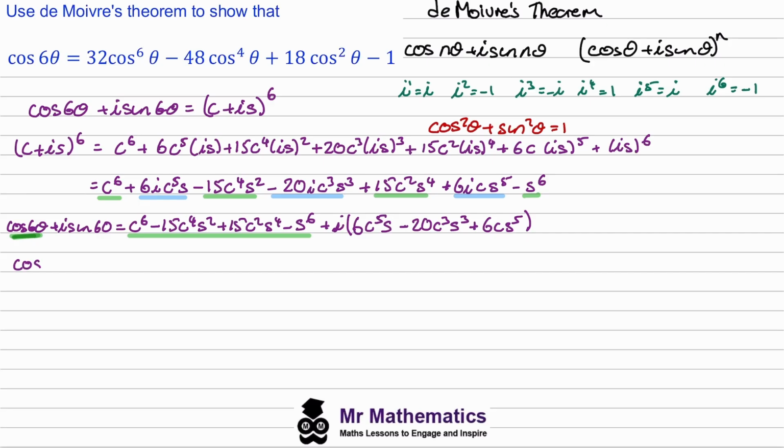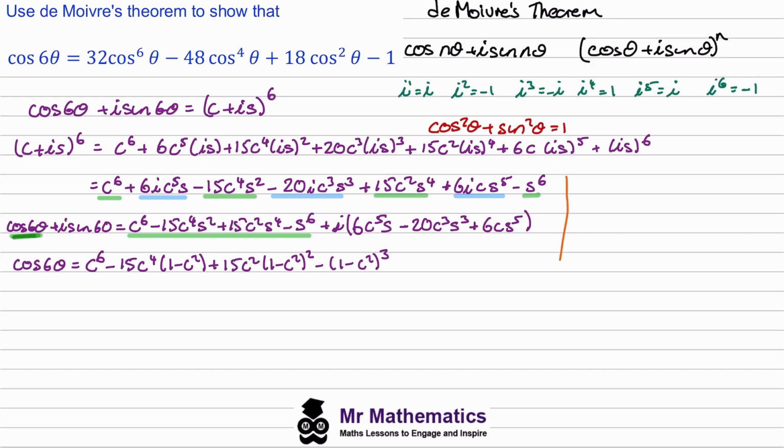So we'll get cos 6 theta will equal c to the 6 minus 15 c to the 4, and then s squared becomes 1 minus c squared plus 15 c squared, and s to the 4 becomes 1 minus c squared all squared, and s to the 6 becomes 1 minus c squared cubed.